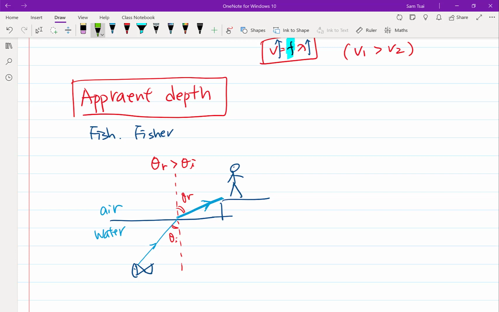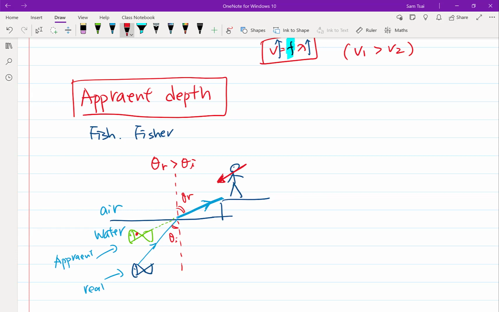The person will feel the light is coming from a straight line, so it's here. So the person thinks the fish is coming from here. This is the real fish, and this is the image, or apparent fish. If the person tries to use a fork to aim at the fish, if he aims here, he'll never get the fish.